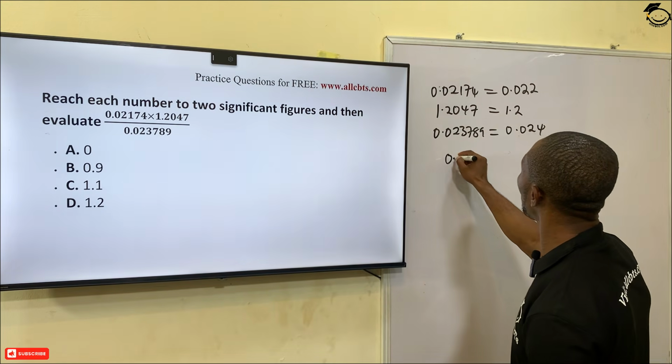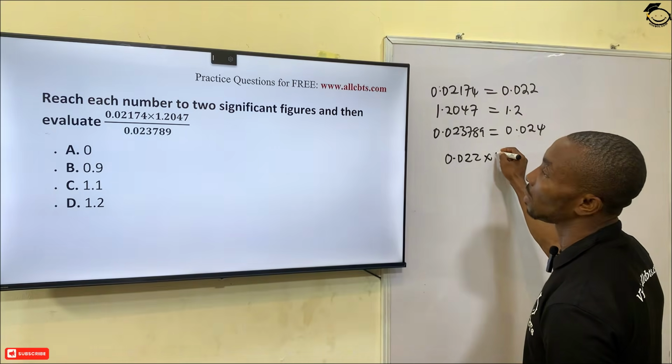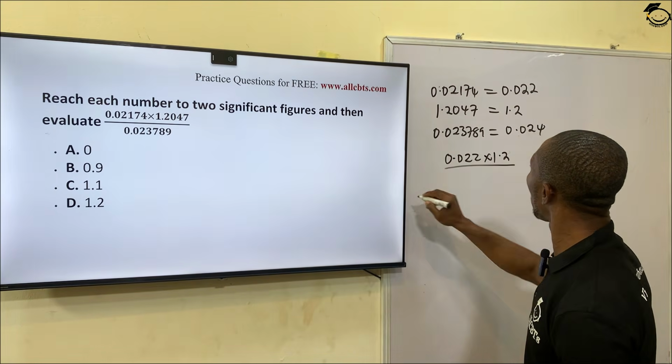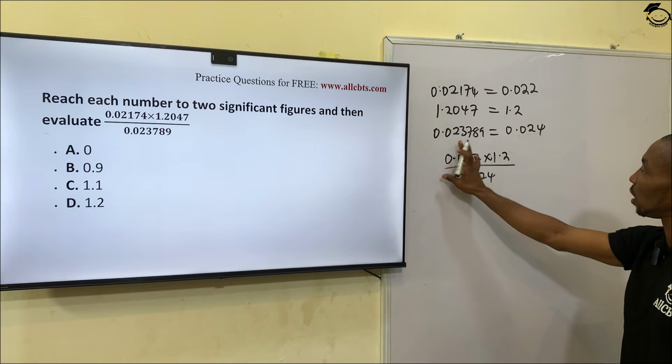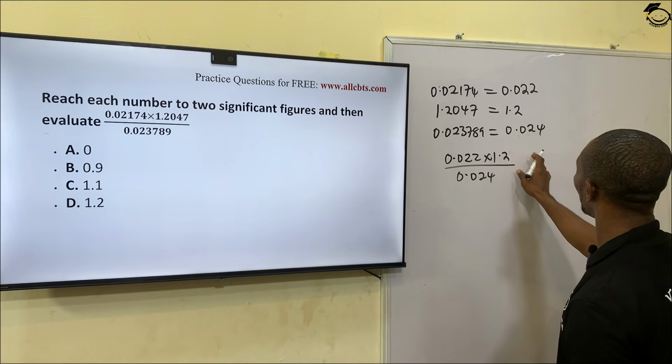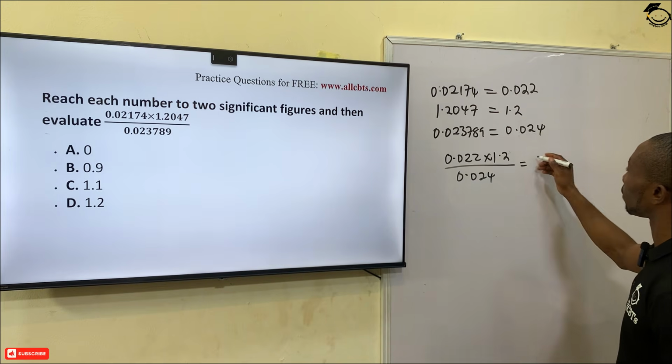Now having this, let's evaluate. So this becomes 0.022 times 1.2 all over 0.024. I'm going to turn this into standard form.